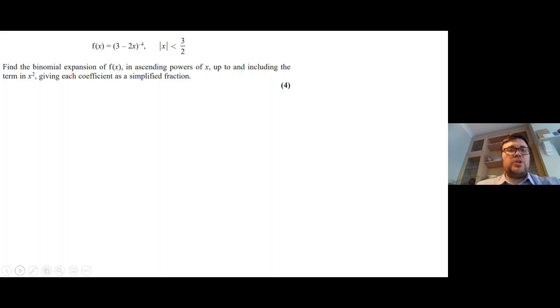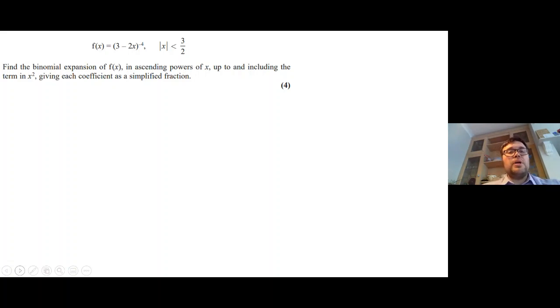And it was a set way in which you could use Pascal's triangle. If you had, say, to the power of 5, then you'd have 6 terms. With binomial expansion now, it's infinite. So it's to the power of minus 4, or to the power of a fraction. So it's going to be a negative integer, a negative fraction, or just a fraction.